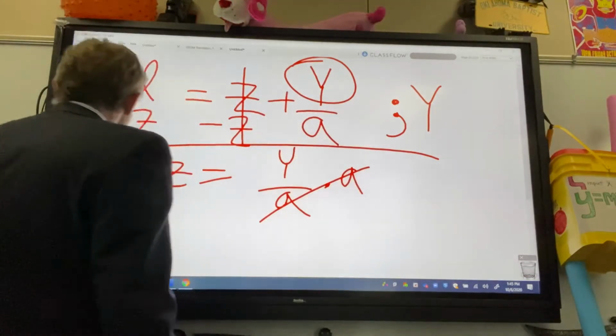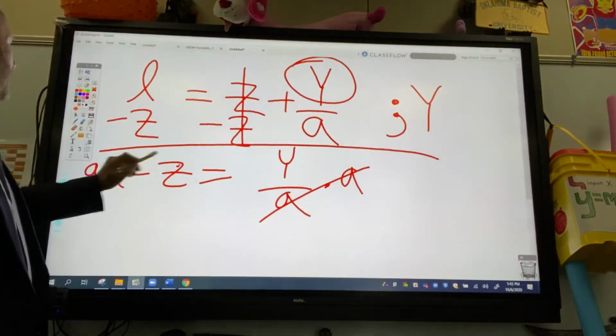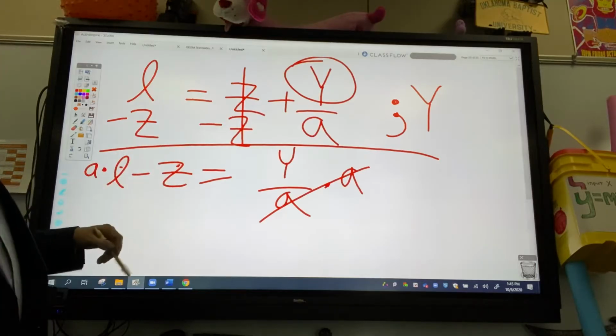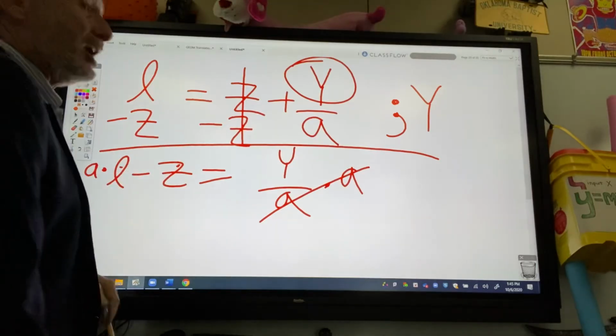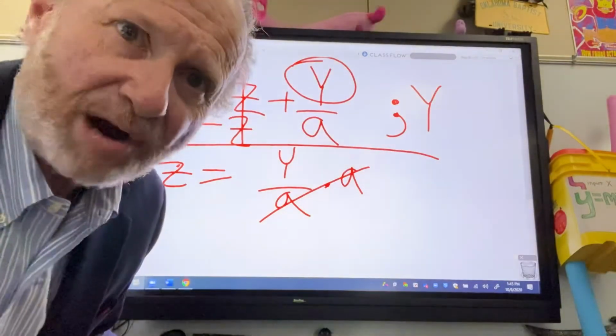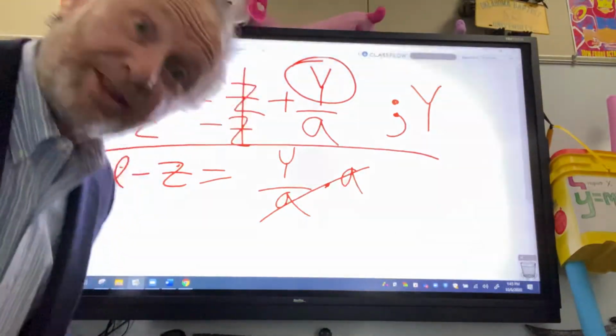Now what you do on one side, you got to do on the other. The problem is I got two terms here, an L and a minus Z, and I'm going to multiply them by A. How do you do that? Distributive property. You got to put in some parentheses.